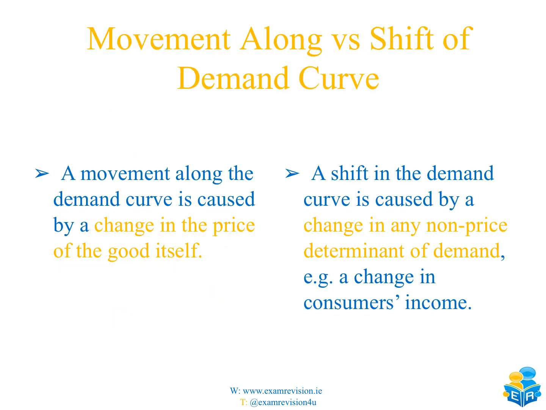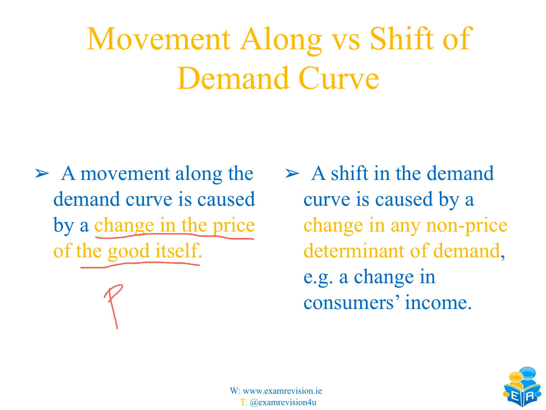So moving on from there, we have the difference between the movement along the demand curve versus the shift of the demand curve. So it's very important that we distinguish these two, as it does come up quite a lot in the exam itself. It's very simple. The movement along the demand curve is caused by the change in the price of the good itself.